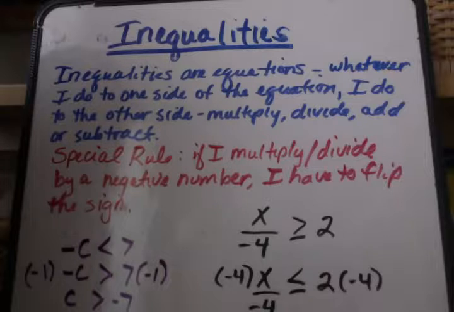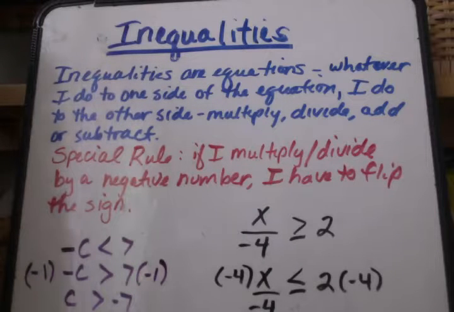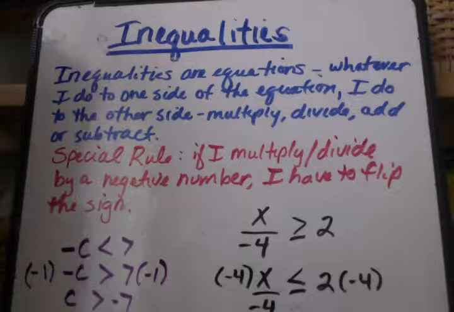So there is one special rule with inequalities, and this is really important to understand, and it's really specific, so you have to pay attention here. It's only if I multiply or divide by a negative number that I have to flip the sign, the inequality.